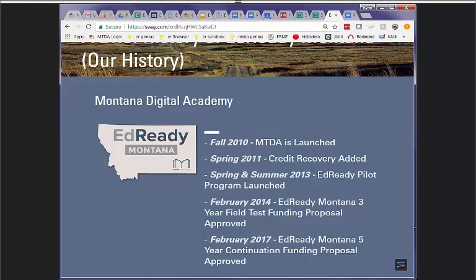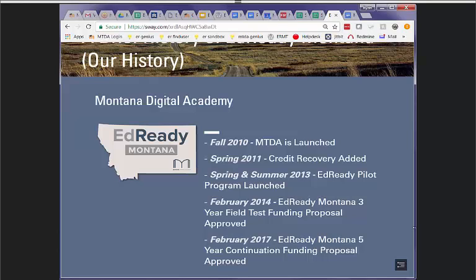Based upon those early results, the program was very successful in helping students not only prepare and save money for college, but also pass their classes after that. And those early pilots led us to receive some funding from the Dennis and Phyllis Washington Foundation in Montana, and we received a 3-year gift to roll it out and field test it for our state.